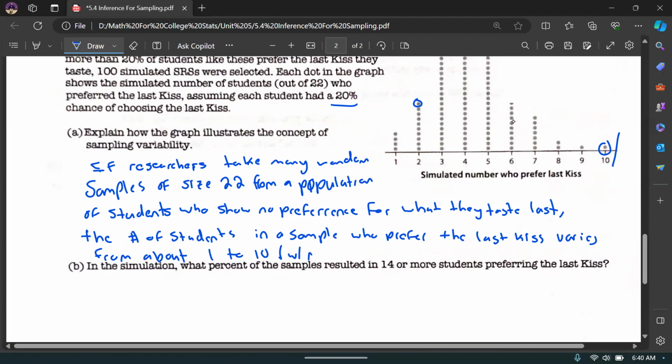I'm going to say with majority between 2 and 7, because we see the bulk of that data goes from 2 to 7.